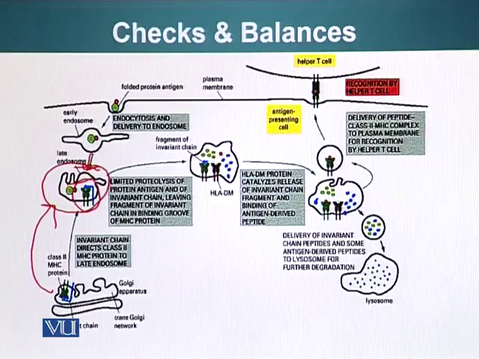Initially, when the MHC class 2 molecules are processed in the Golgi apparatus or the endoplasmic reticulum, their site is blocked by an invariant chain shown here in blue. This is the invariant chain. It is binding the location of the MHC2 molecule where peptides bind.